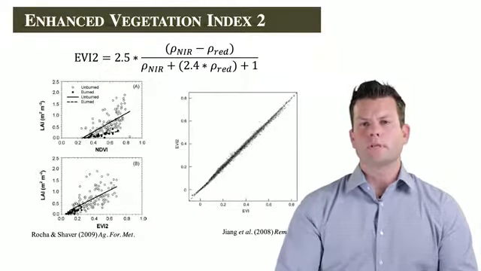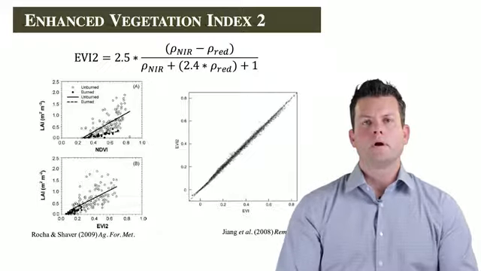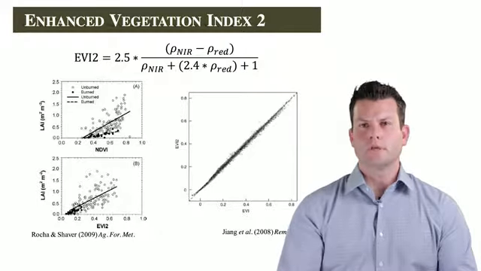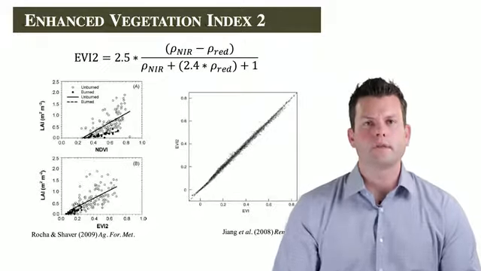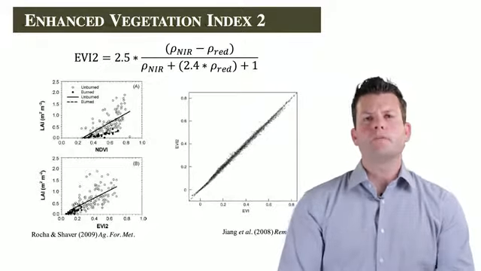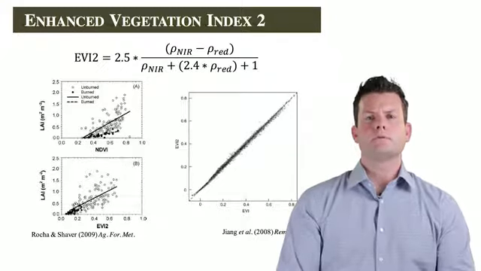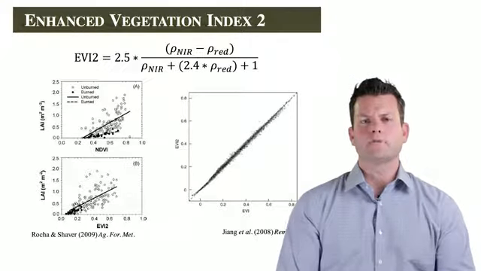And if you're interested in the mathematics and the way that he derived this, I encourage you to read his paper. Here, though, I'm just giving you the equation in case you're interested in using it or looking into it in more depth. But the key figures using EVI so far, I've shown here.